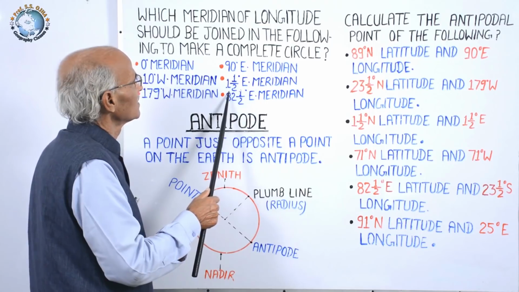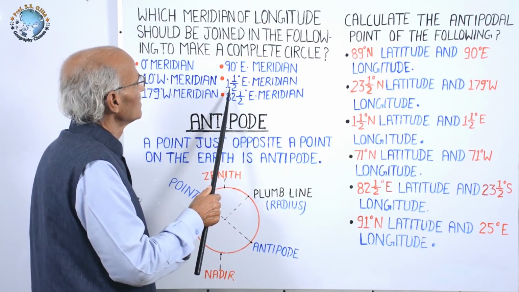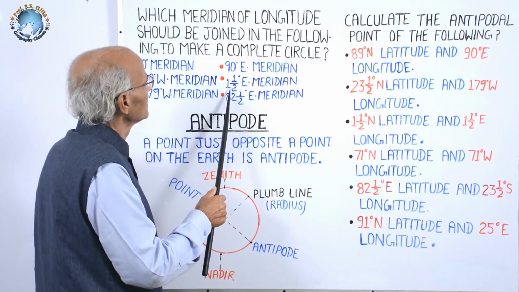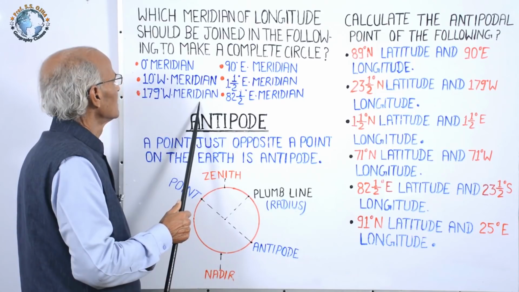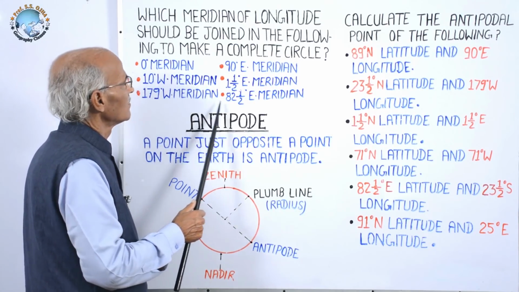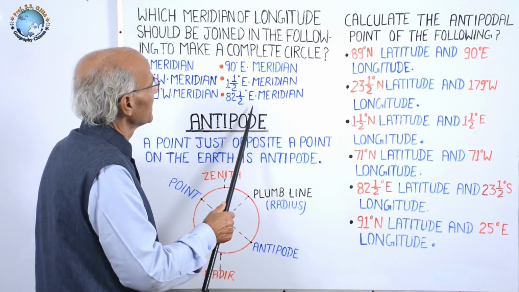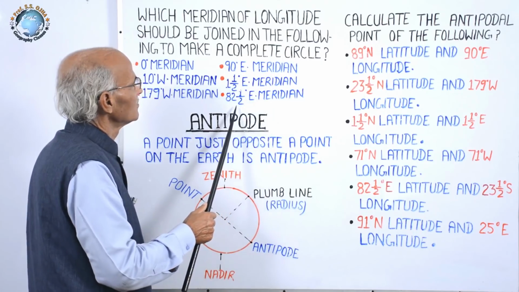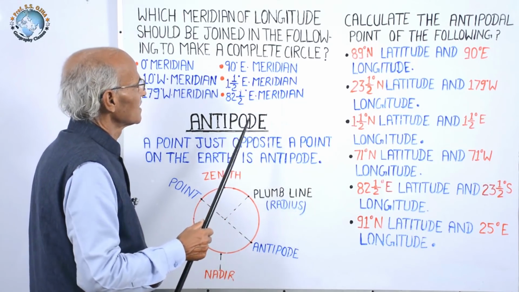In place of 1.5, you will deduct it from 180, it will be 178.5. 179 degree west meridian, here east, here 1, and 82.5 degree east longitude, then it will be west, and you deduct it from 180, then its answer will be correct.